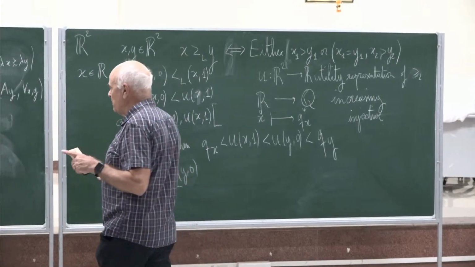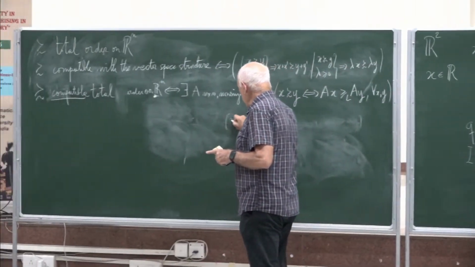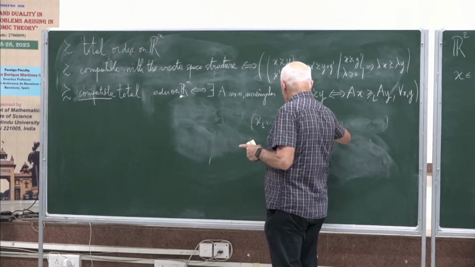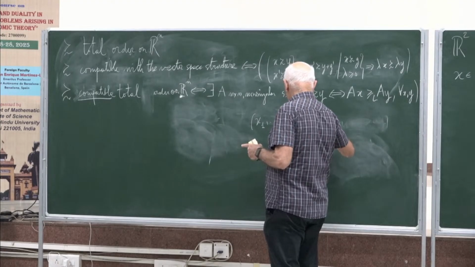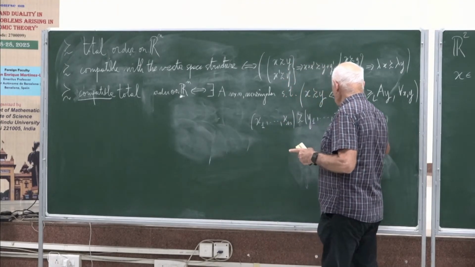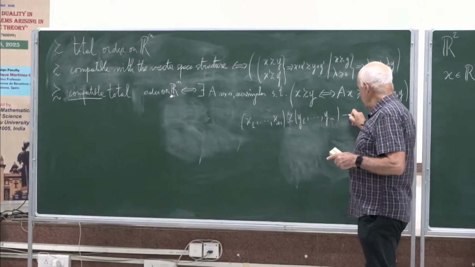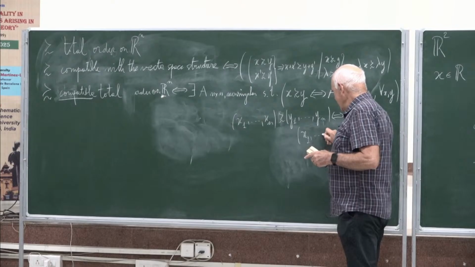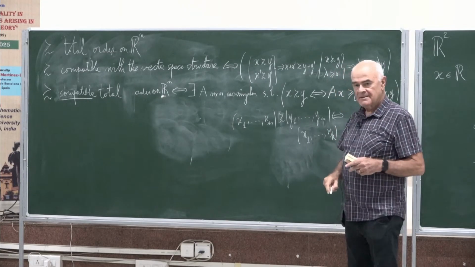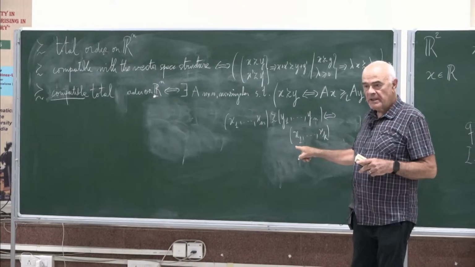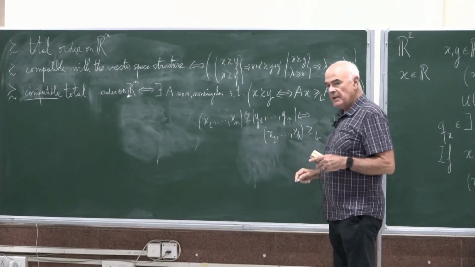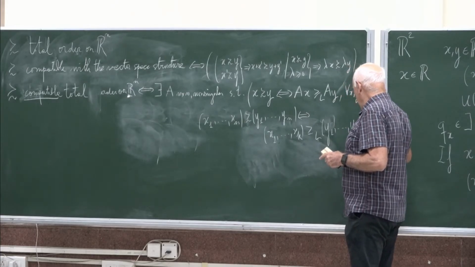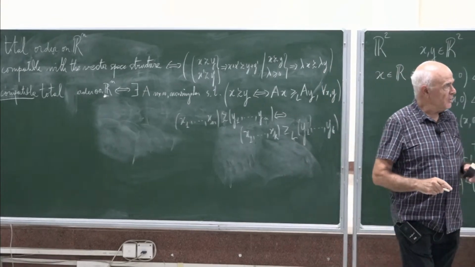So this means that the preorder is given by x1, ..., xn preferred to y1, ..., yn if and only if x1, ..., xk, I only take the first k components, is lexicographically greater than or equal to y1, ..., yk. And I don't care about the remaining components.